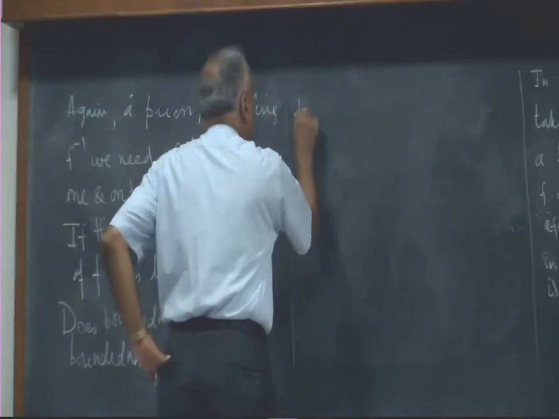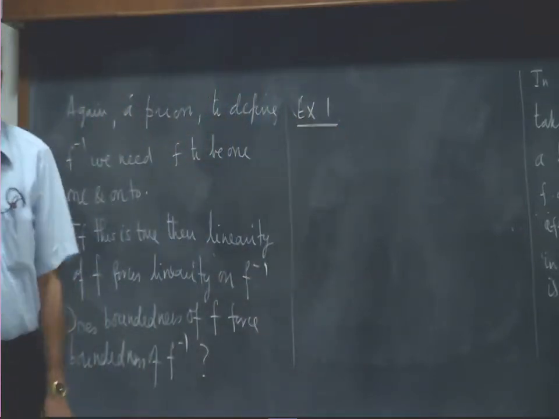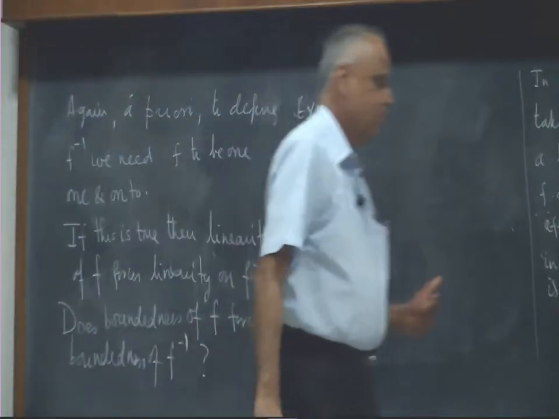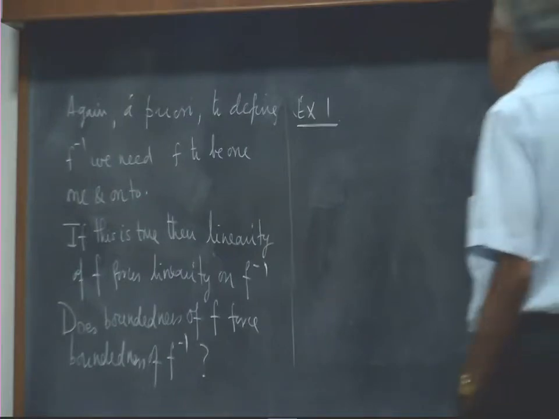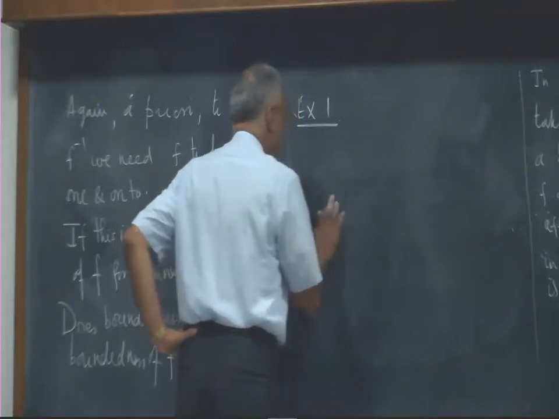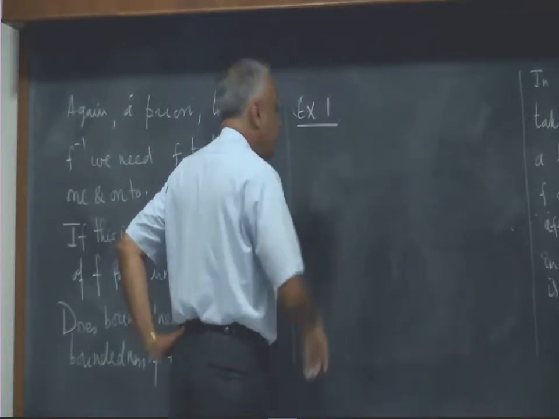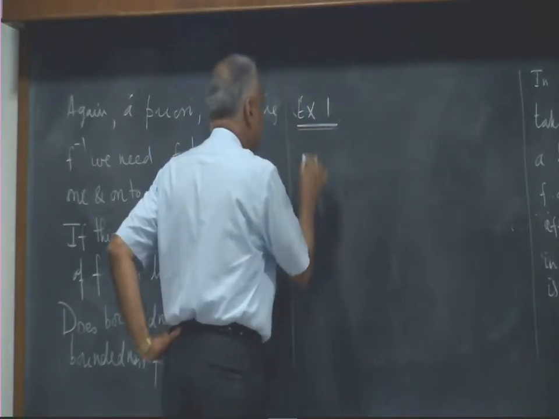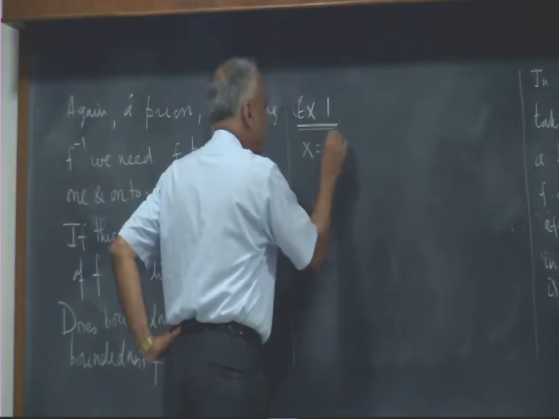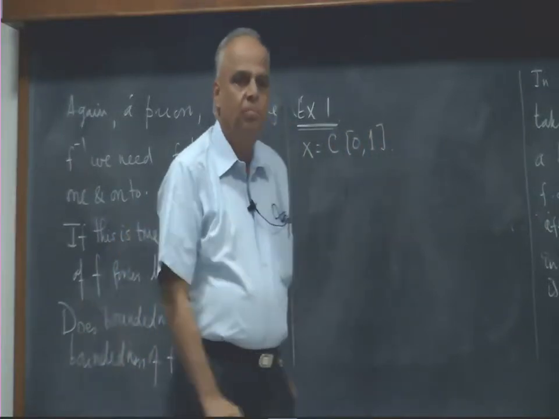I will give you first a very simple example. Unless you look at infinite dimensional spaces, things are not interesting in a sense. So let's look at some very simple infinite dimensional spaces. You will see why I am not taking the examples that I had. Anyway, let us look at first X to be C[0,1].